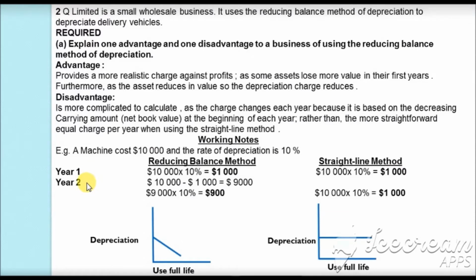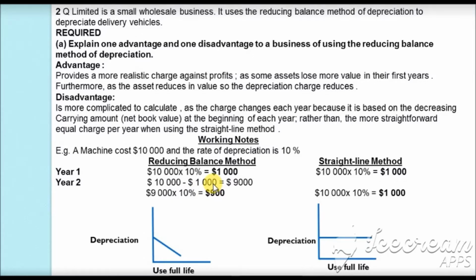However, in the second year, in the reducing balance method of depreciation, we calculate the depreciation based on the net book value, or based on the new terminology, the carrying amount. So we calculate the depreciation based on the carrying amount, that is the cost, from which we subtract the depreciation.